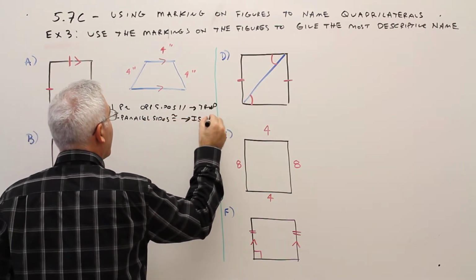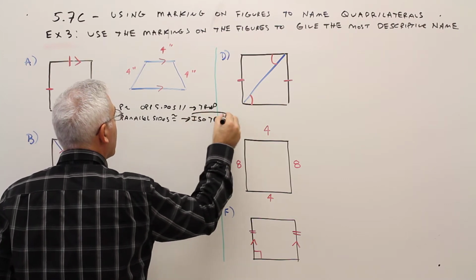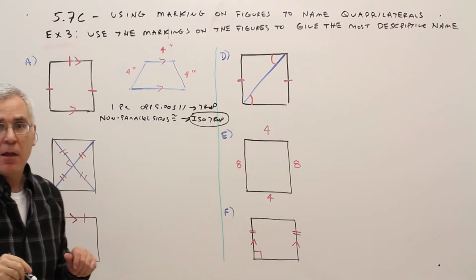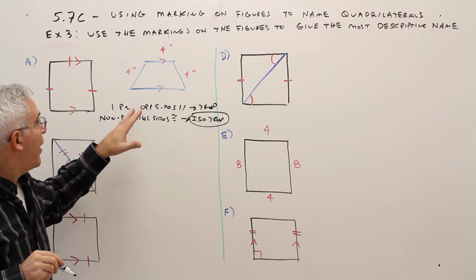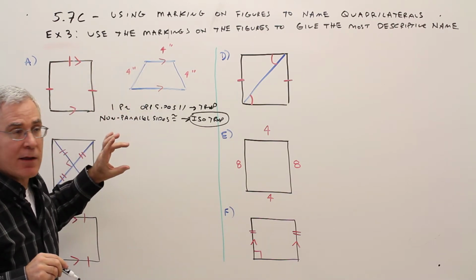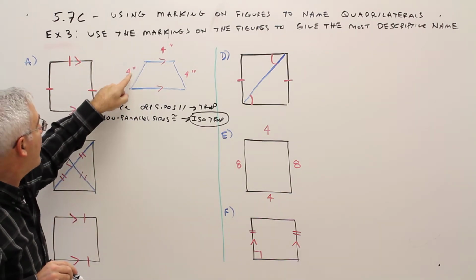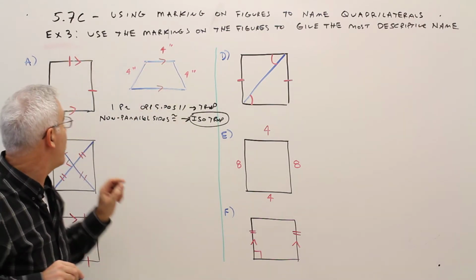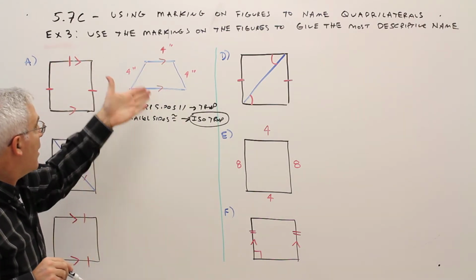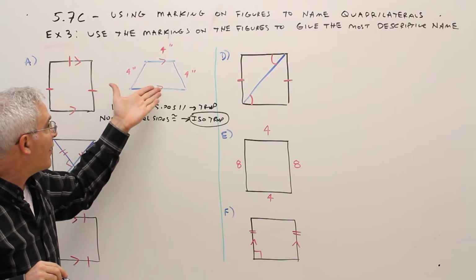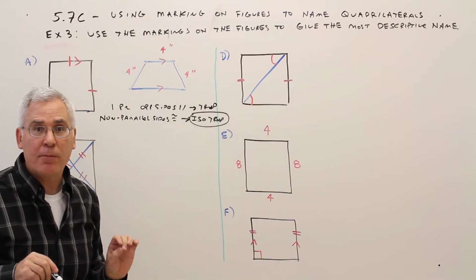That gets me to an isosceles trapezoid. And here's an example of what it could look like. Here's a pair of parallel sides, and I made sure that this and this each measured 4 inches. They're all congruent. And clearly you can see it's an isosceles trapezoid and not a square.